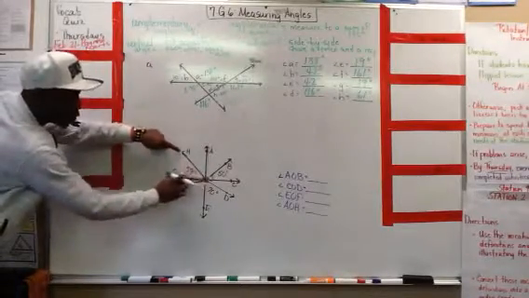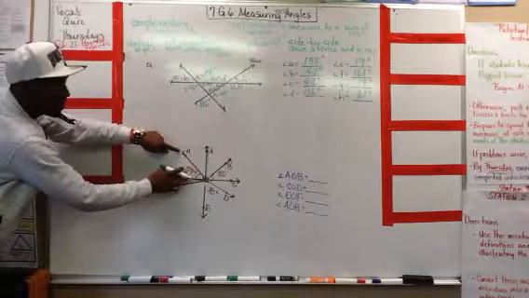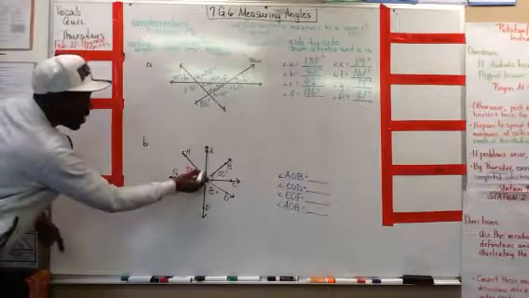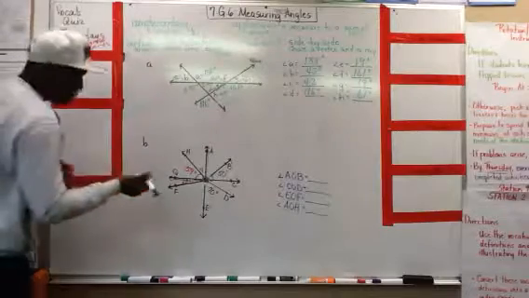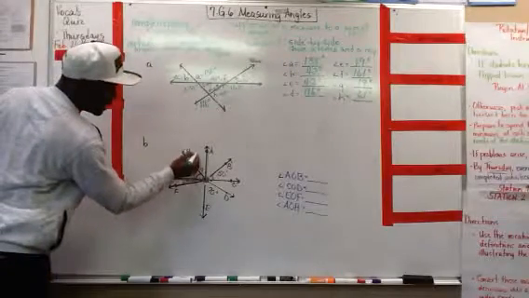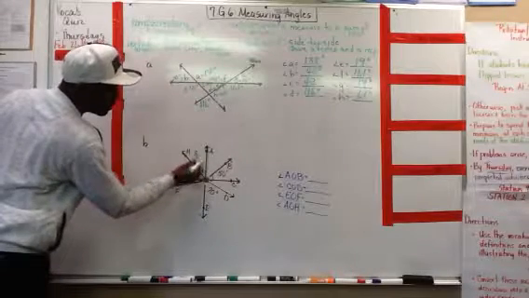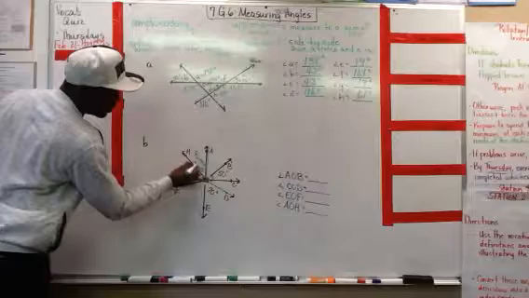Angle HOG, which is right here, measures 59 degrees. We know that the whole angle measures 90. So how do I find this little piece right there? Subtract. What am I subtracting? 90, because there's a complementary angle, minus what? 59. 59 degrees. And A should equal 31 degrees.